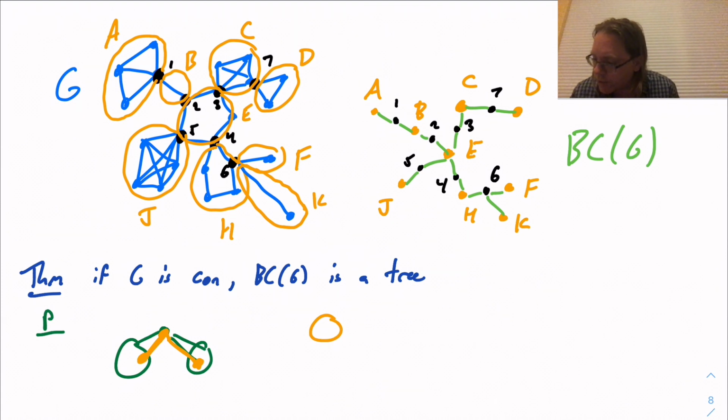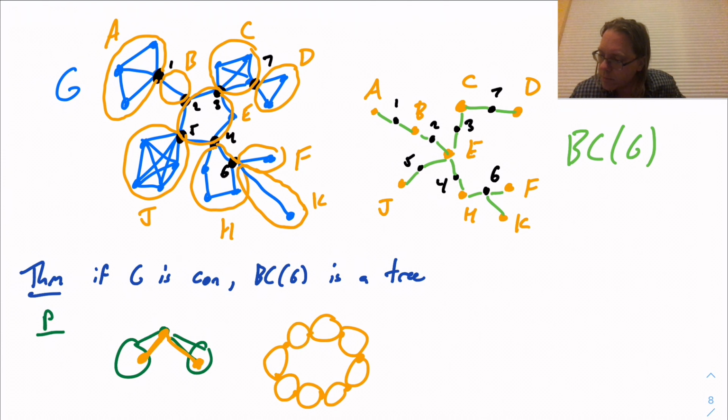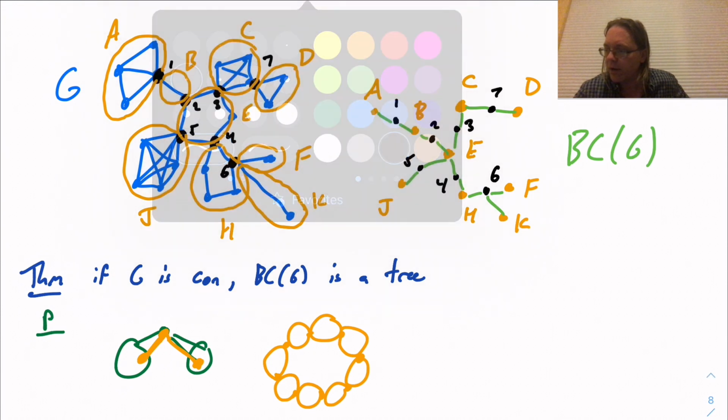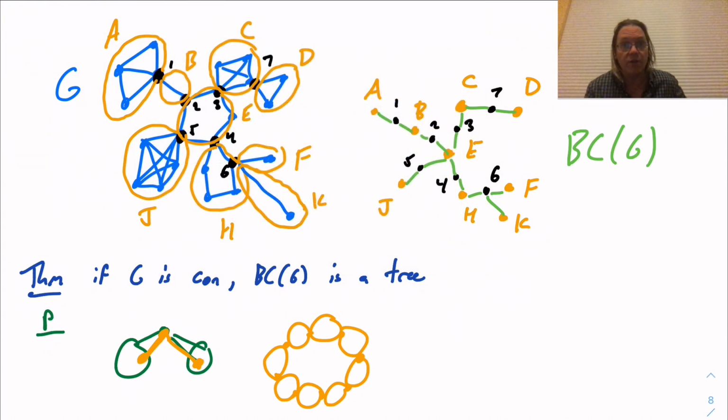I'm just going to draw a picture. So what would a cycle look like? Well, it would be a block in the original graph, then a cut point, and another block, and another cut point, and block, and cut point around. But what that looks like is this. Right? You'd have to have some picture like this where you have a cycle in the block cut point graph. We have a bipartite graph.